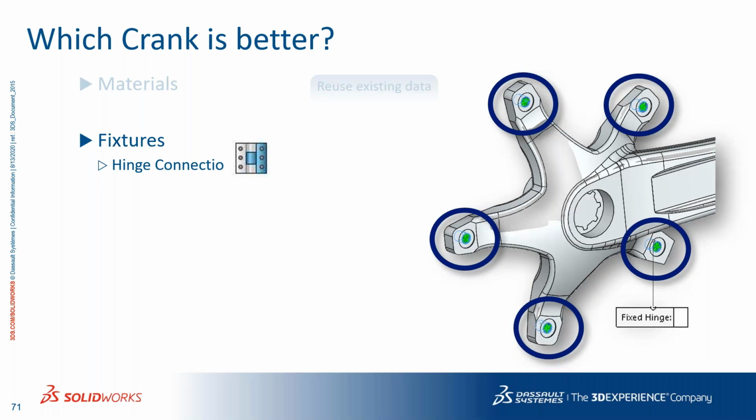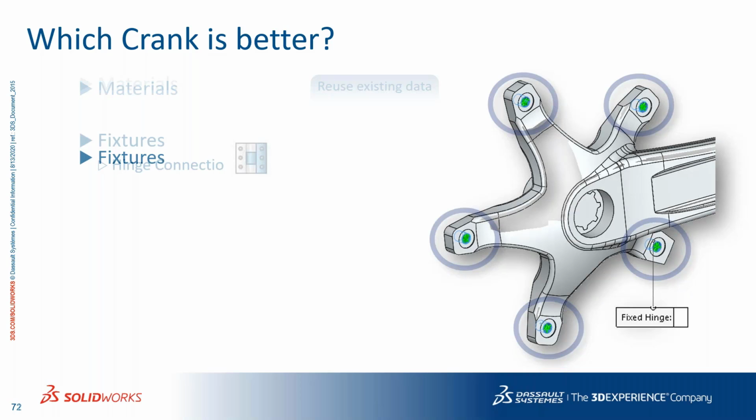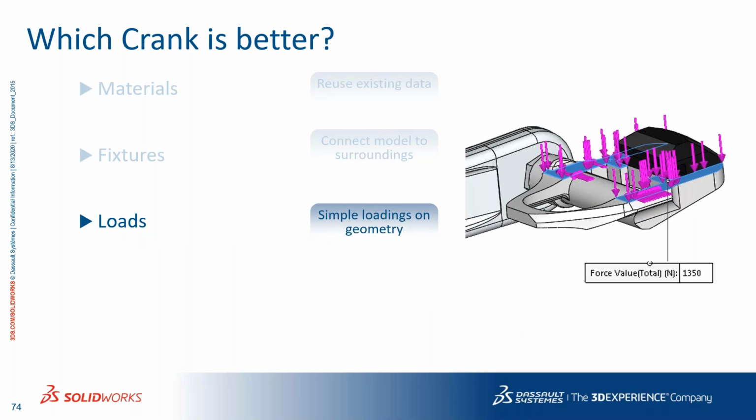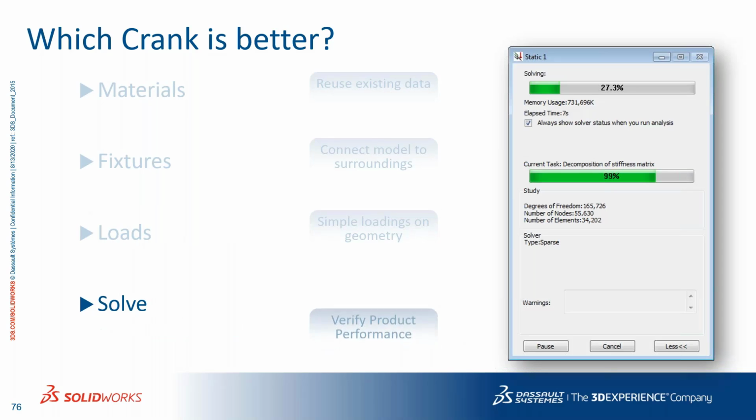These are the hinge fixtures we are going to apply on this crankshaft, and we are going to apply a load as good as putting my foot on that pedal. I want to see how many cycles it can withstand without any failure. Some people, you might have seen on cycles also, they stand on it and pedal it. So you can understand the effect of that too. You can include the loads on that pedal and solve the analysis.